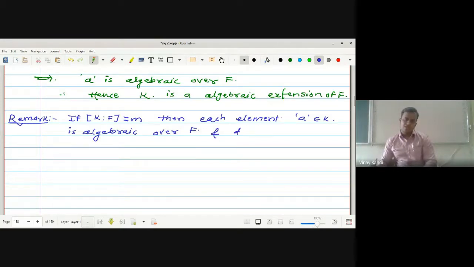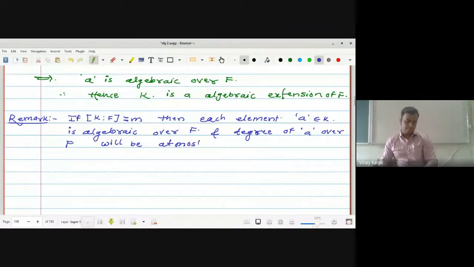It means that every element A belonging to K is algebraic over F, and the degree of A over F will be at most m.